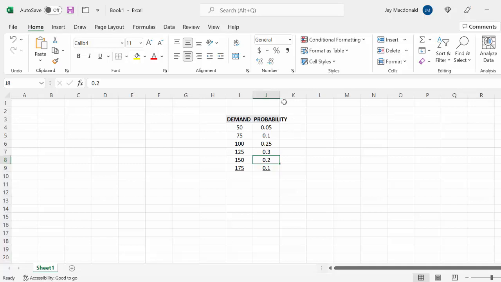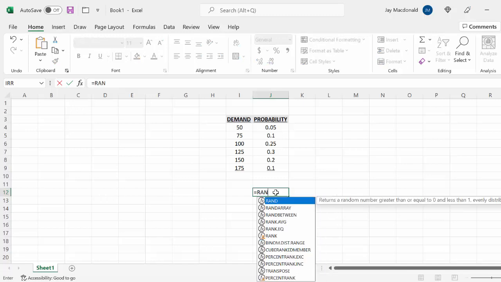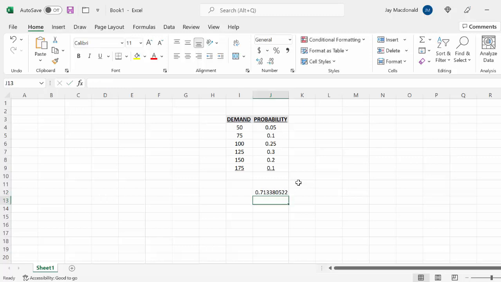Now, what we can do when we're working with Excel, if you remember from before, when we have a simulation, we're going to have a random variable, right? RAND is open close bracket, and again, as mentioned before, it chooses a number between 0 and 1.